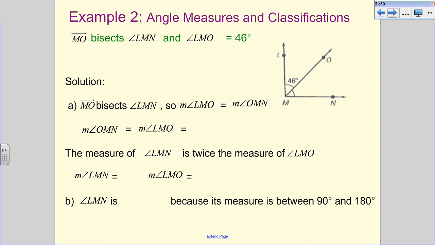We know MO bisects angle LMN, and we know that angle LMO is 46 degrees. They want us to find the measures of angle OMN and LMN.